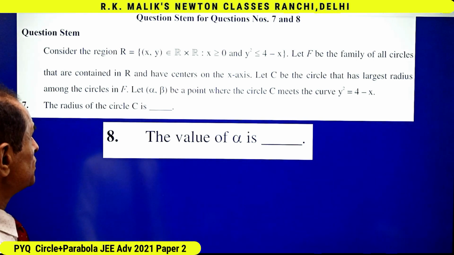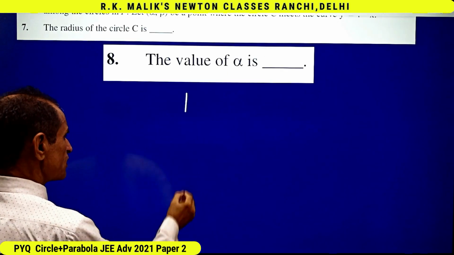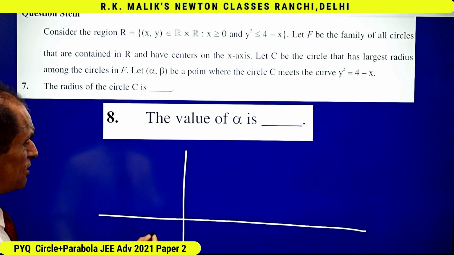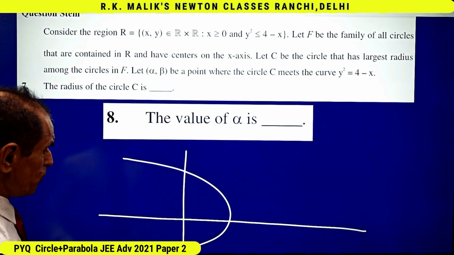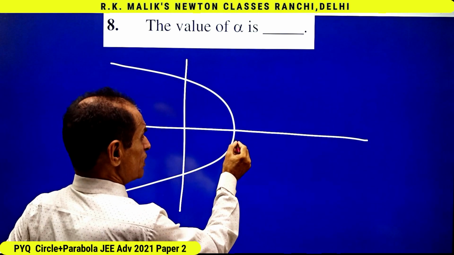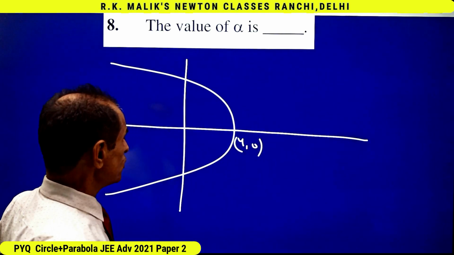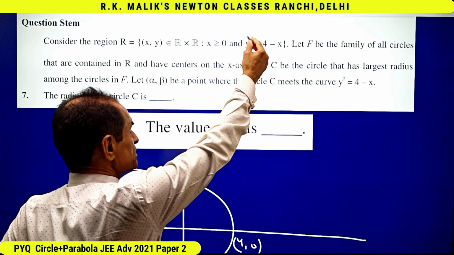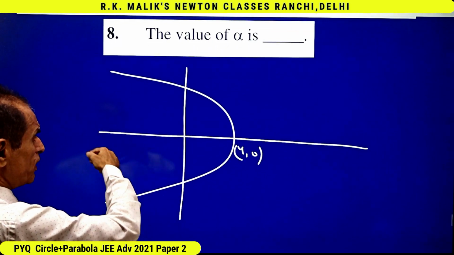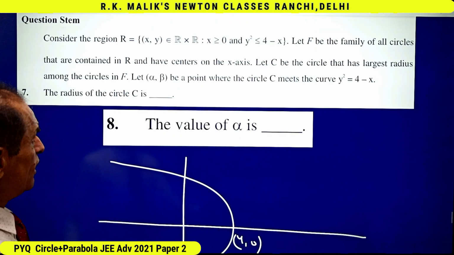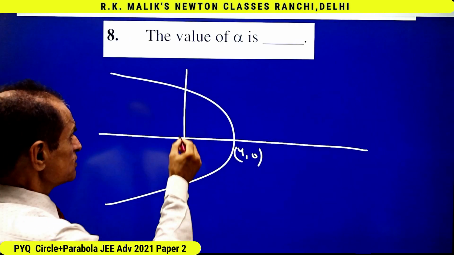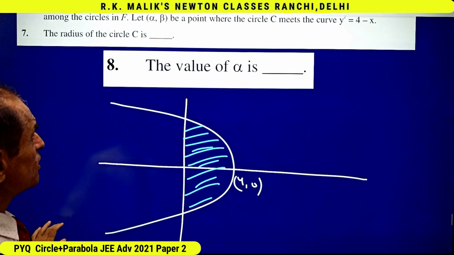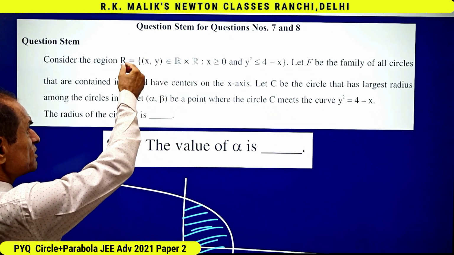First, let me tell you the geometrical meaning of R. It is clear from the equation of the parabola that it will be a leftward parabola, and that parabola will have vertex (4, 0), and because it is given that y square is less than or equal to 4 minus x, this property will be satisfied by all the points lying inside this parabola, and because x is greater than or equal to 0, these are all those points lying in the region R.